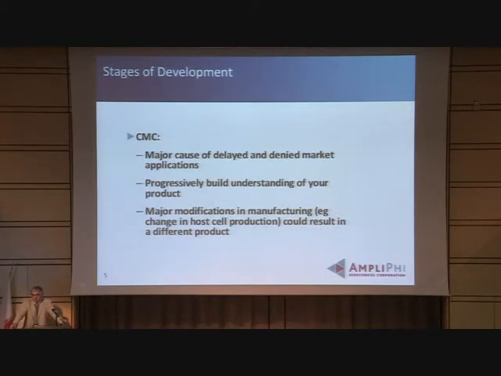CMC is actually a major cause of delayed and denied market applications. People can get all the way through to putting something together, wanting to sell it, having their trial data, and then discover they can't. You have to progressively build the understanding of your product, and any major changes can result in you being told it's a brand new product, start again. You don't want that to happen.